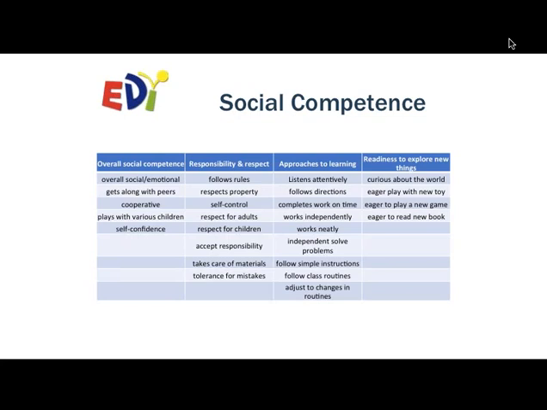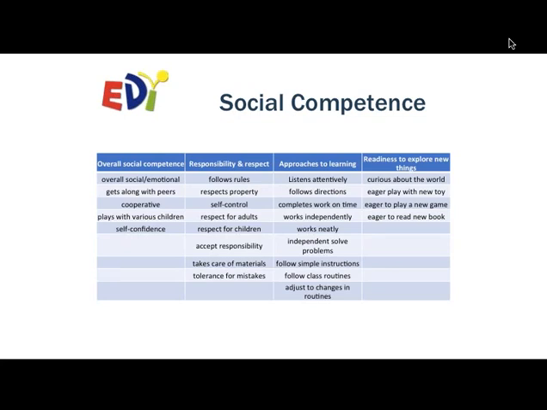Approaches to learning is essentially how well equipped a child is to handle a structured learning situation like a classroom, in terms of whether they can follow directions, do work on time, follow routines, and so on. I guess it's kind of a social, figuring out how to do well in a school setting in context with the teacher.